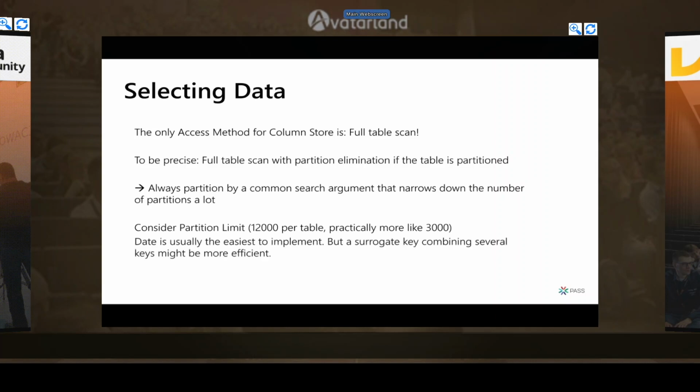So, as I said, date is usually easy, but you might want to create a surrogate key combining several keys to make it more efficient. For example, what we did is we took year, month, and product group, and we stitched it together into one number. When we used the stored procedure to query it, we passed in all three separate parameters, and the stored procedure made that funny number again that we used to fill the table.